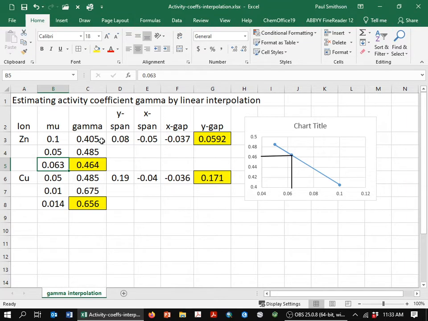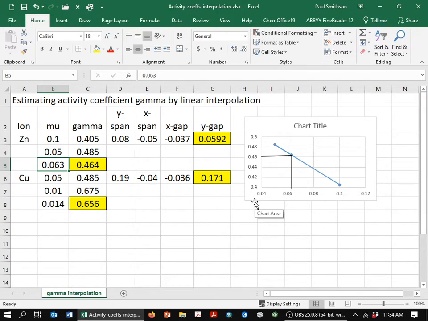So the unknown gap from 0.405 is to the overall gap, 0.485 minus 0.405, as this gap here from 0.05 to 0.1 is to the 0.063 to 0.1.